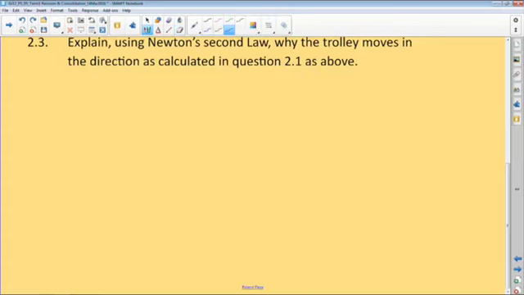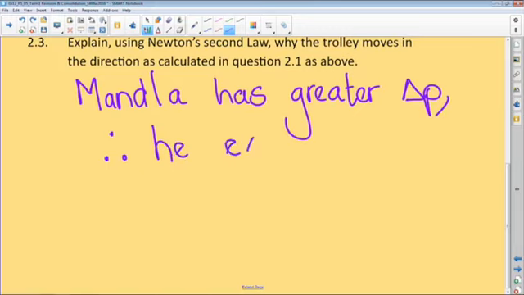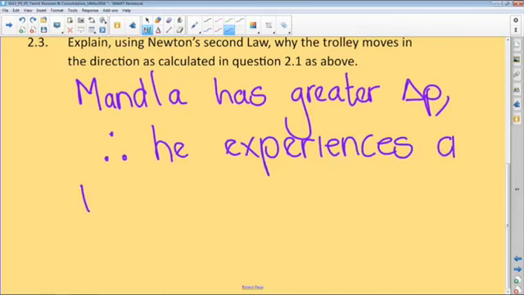Okay, so this is what we write. Mundler has a greater change in momentum. Therefore, he experiences a bigger F net. Okay, so we're all happy with that.